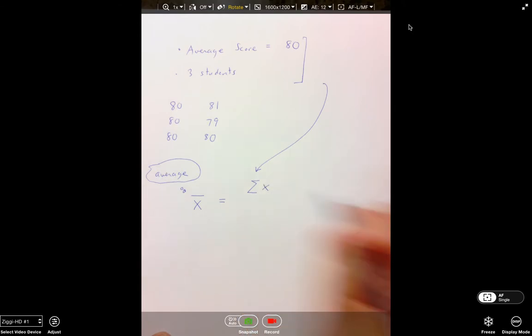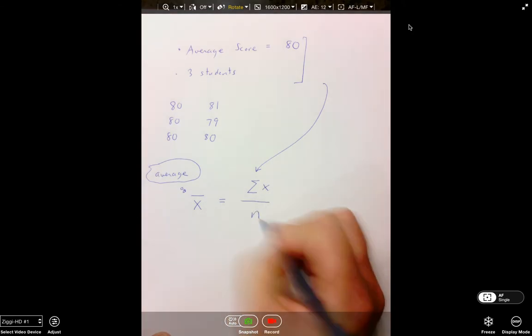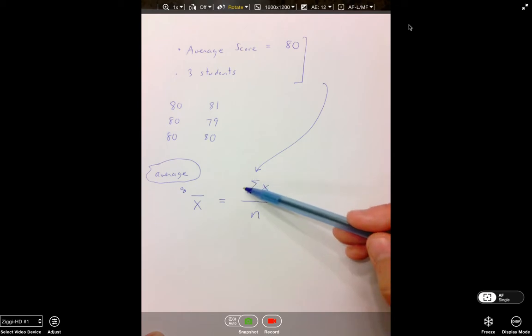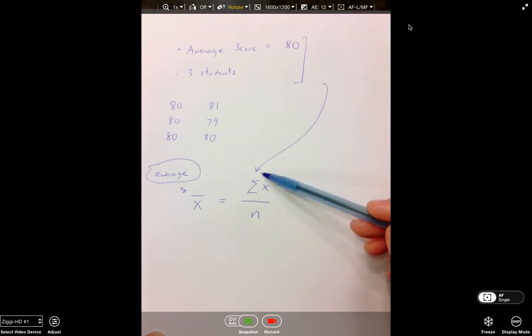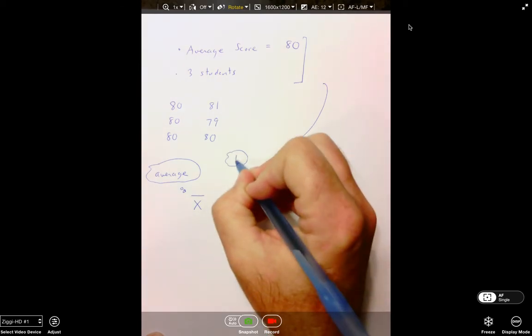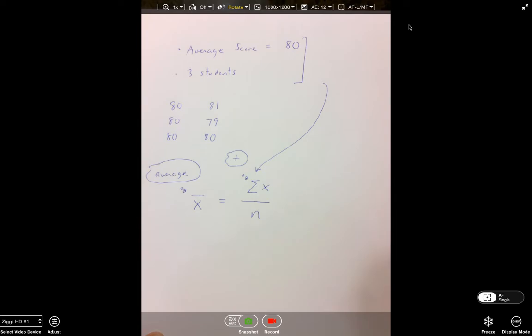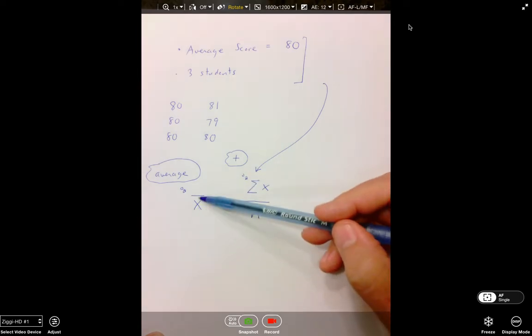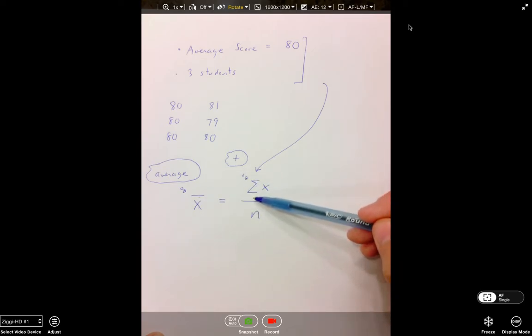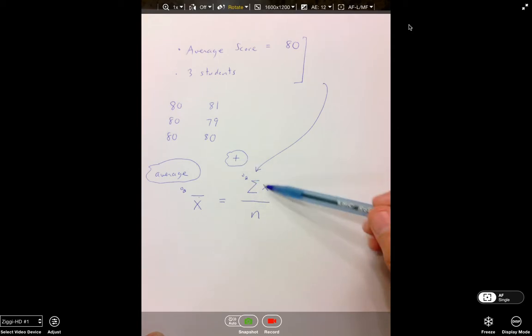The average score can be found by taking the sum of the scores. Now, this summation sign, a lot of people in sororities and fraternities, it means one thing, but in mathematics, it means something else. All it means in mathematics is to add. So this X bar is the symbol for the average. This summation sign, a Greek letter, sigma, means to add.